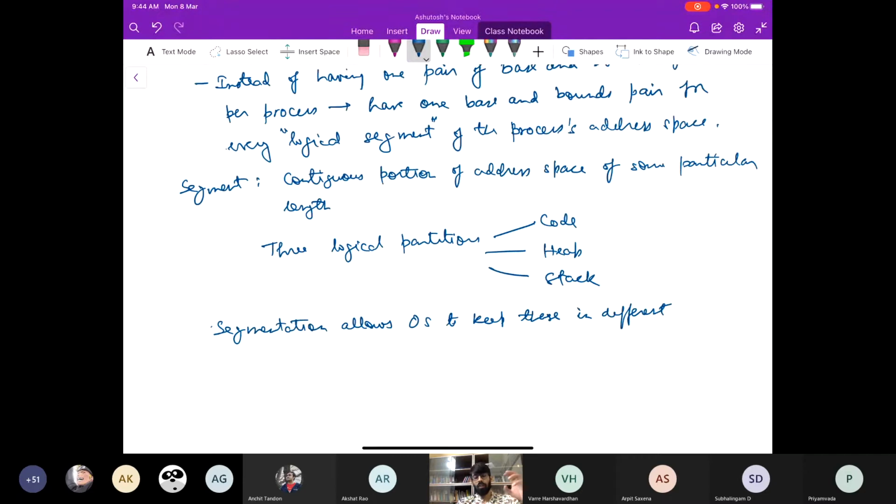And now since they are kept in different parts of the memory, the in between space will not be wasted. They will occupy only as much size as they have grown till now. So this will lead to less memory wastage.